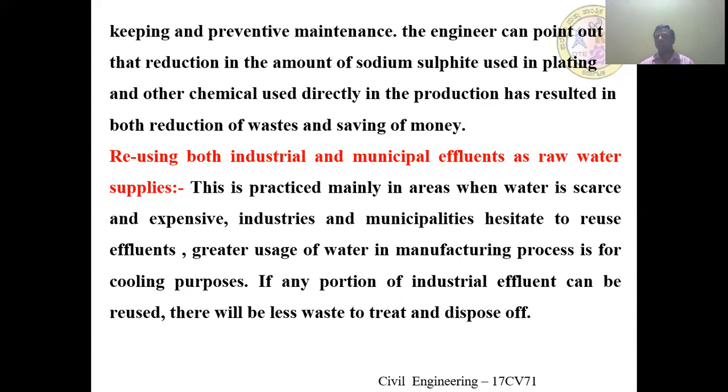For example, if we consider the sugarcane industry process, we can modify the equipment to use less water.